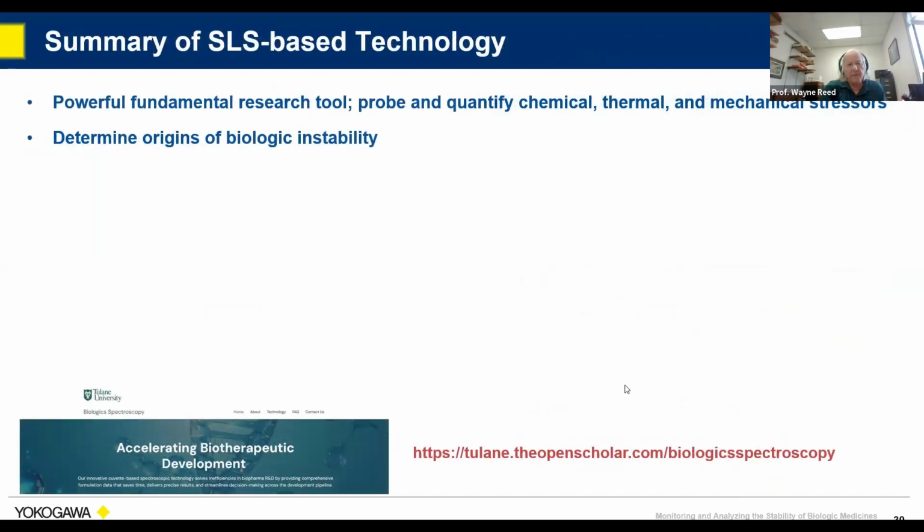the SLS-based technology, we use the Argand for this. It's a great fundamental research tool. You can probe and quantify what happens under these different stressors, whether they be chemical, mechanical, or thermal. As you saw, we can start to tease out the different effects that cause the instability: pi-pi stacking, classical hydrophobicity, anisotropic electrostatic effects.